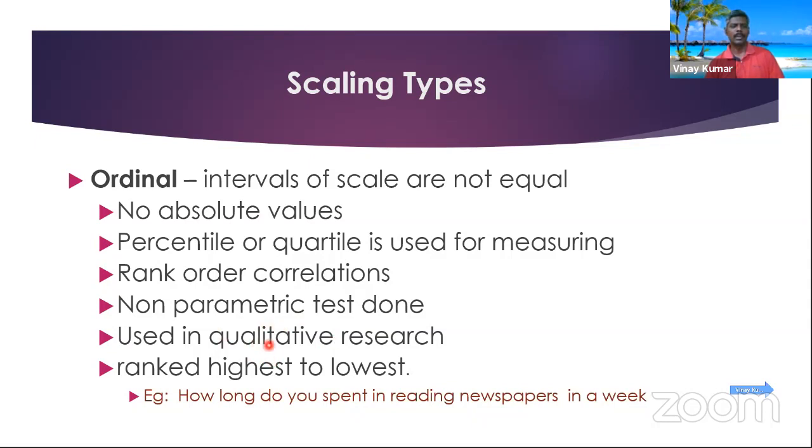That's one of the examples we use to measure customer satisfaction. Ranked highest to the lowest. For example, how long do you spend in reading newspaper in a week? So we're trying to rank here the perception or the attitude of a subject. So that's ordinal data which ranks the position of the subject.